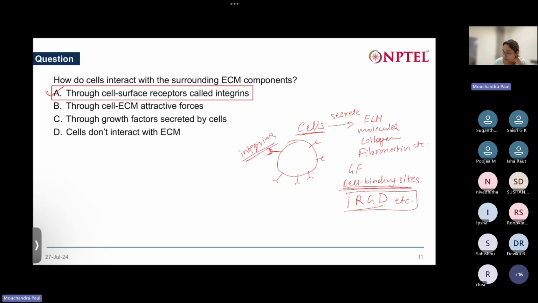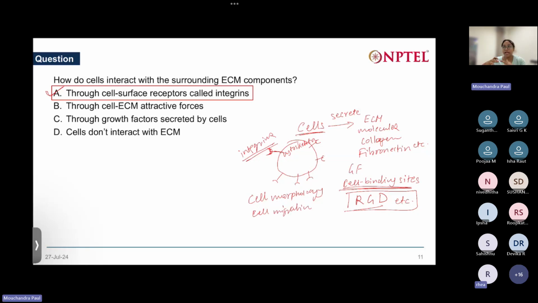And these integrin receptors are themselves connected to cytoskeletal elements. There are microtubules and so on present inside the cells. This cytoskeleton helps in maintaining cellular morphology. It also plays an important role in cell migration.